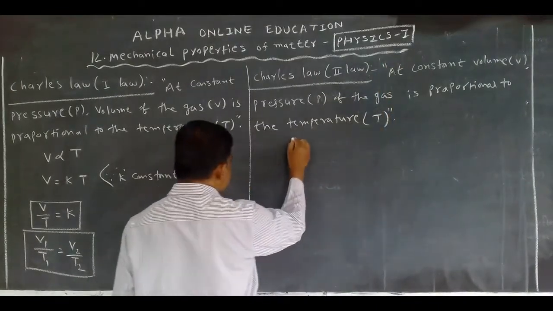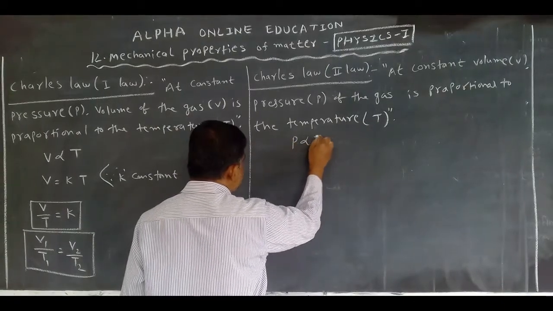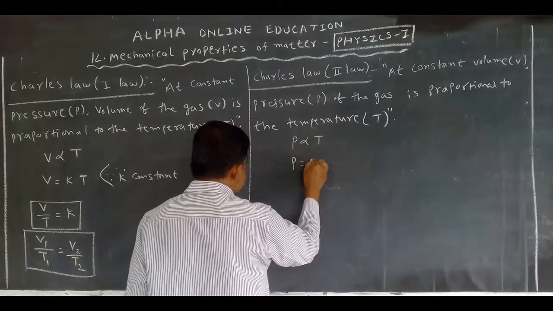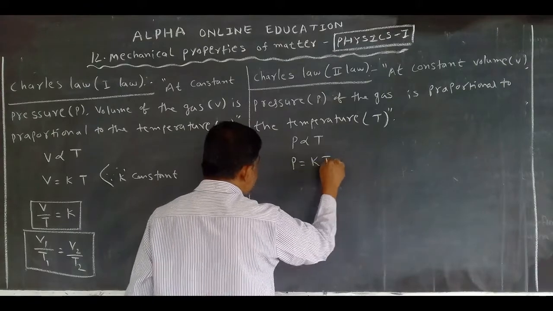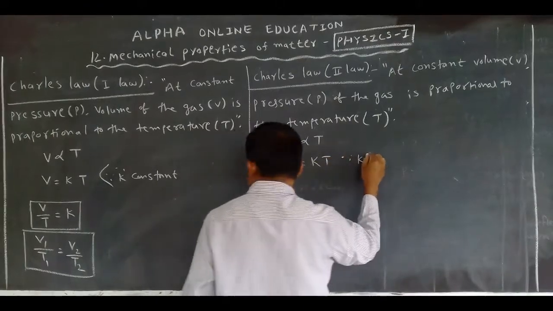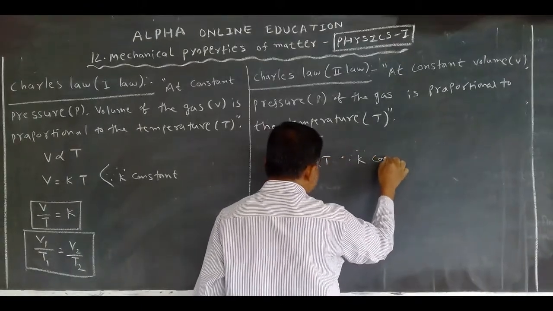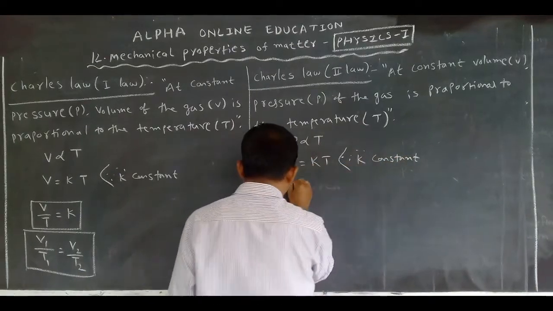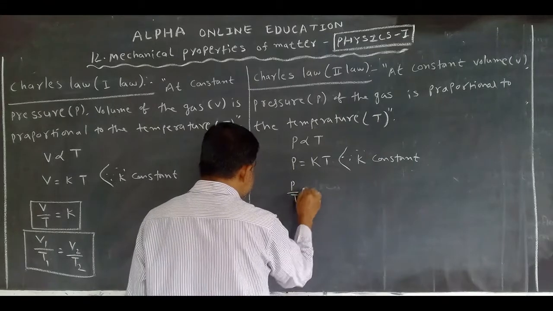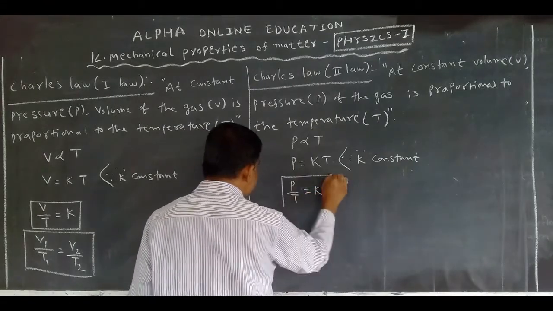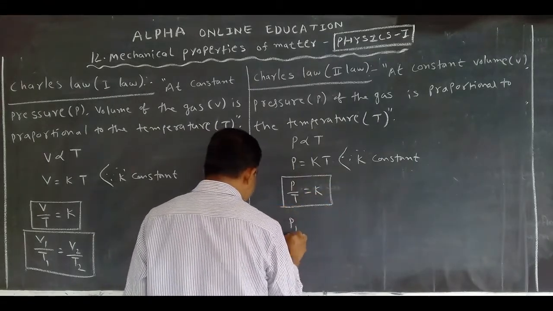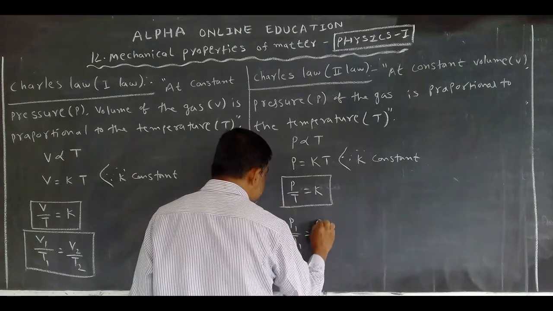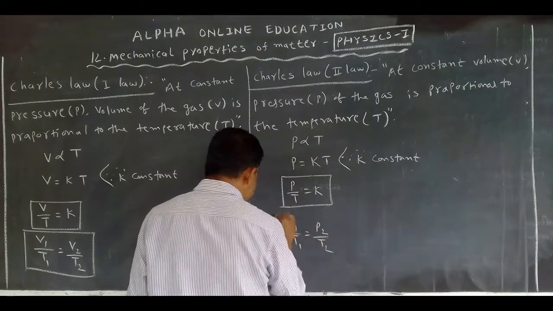What is the mathematical expression? P proportional to T. P is equal to K into T. What is K? K is constant again. So P by T is equal to K, or P1 by T1 is equal to P2 by T2.